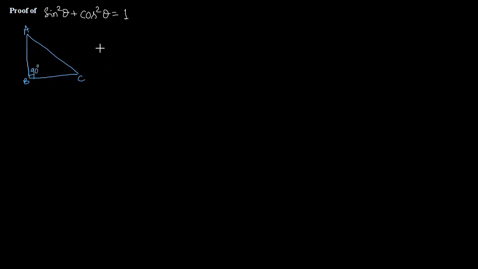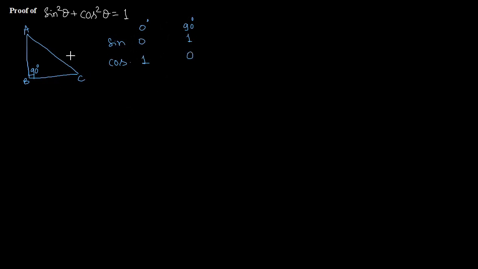So from the values of standard angles, we know for sine and cos the values at 0 and 90 degrees. Sine 0 is 0, sine 90 is 1, cos 0 is 1, and cos 90 is 0.